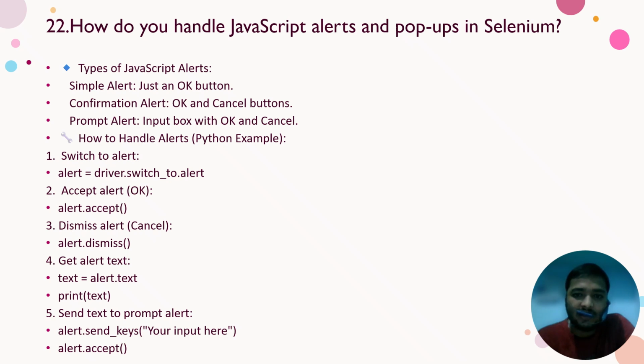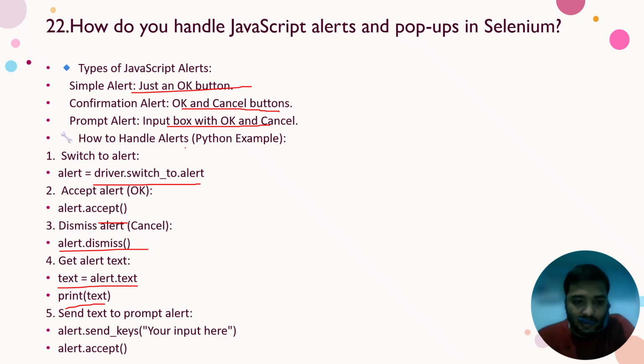How to handle JavaScript alerts and pop-ups in Selenium? Types of JavaScript alerts: simple, with just an OK button; confirmation, with OK and Cancel; and prompt, with an input box and OK and Cancel. Handle them with a Python example: alert equals driver.switch_to.alert, and then alert.accept to click OK. To dismiss the alert, we write alert.dismiss, and get the alert text equal to alert.text, and then print.